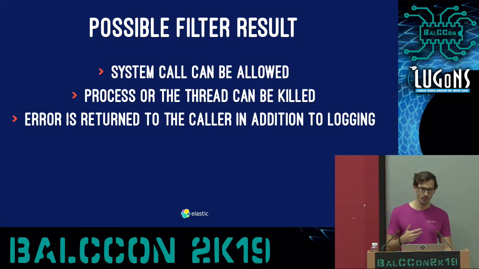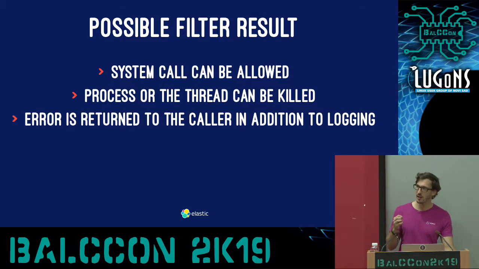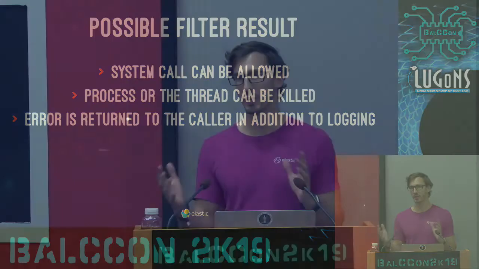Or the third option is just to return an error for that specific system call, like the application still keeps running and will be around, but you filter out that specific system call and then log the error. So you can decide what should be the behavior. Kill the process, just block the system call, or everything is allowed and keep doing what you want. That is what you have in there.